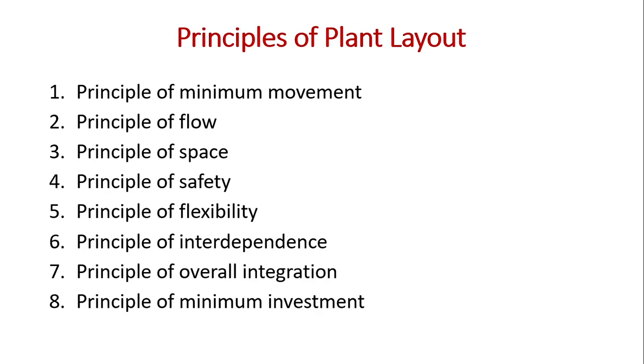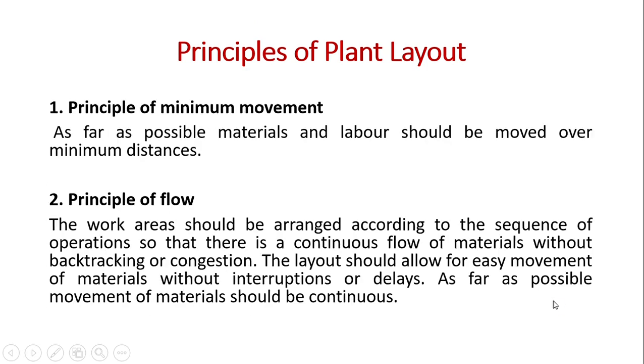What are the principles of plant layout? There are actually 8 principles of plant layout, and let us discuss these 8 principles one by one. The first principle is principle of minimum movement. Here, movement of material and labor should be least.